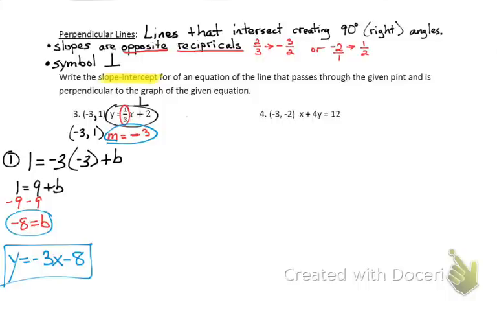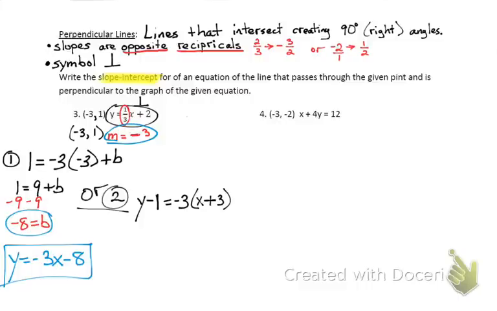Again, our other way, which I will do right here. This would be way 2. So we can do method 2 here, which will be point-slope form. So we're going to say y subtract y1, which is 1, equals m, which is -3, times x subtract x1, which, x subtract -3, turns into x plus 3.